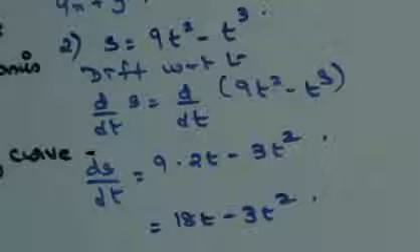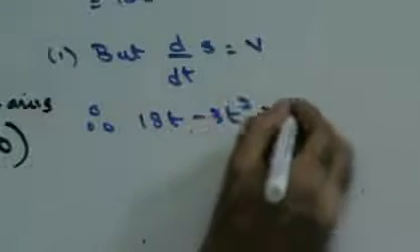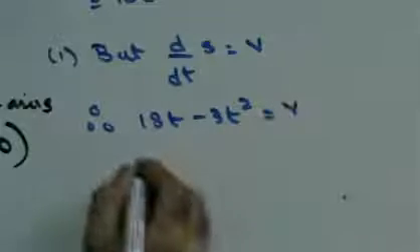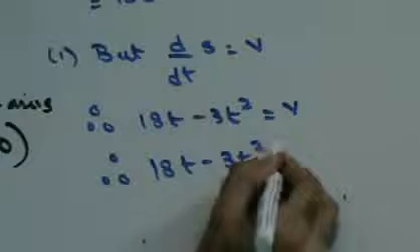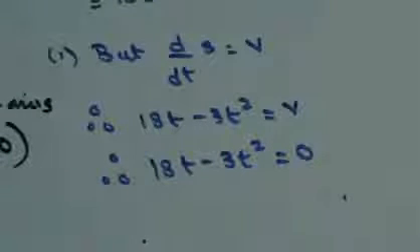the displacement when velocity is 0, but rate of change of displacement is nothing but velocity. That means I can therefore say that 18t minus 3t square should be equal to velocity, and velocity is given to you as 0. Therefore I can say 18t minus 3t square should be equal to 0, right?